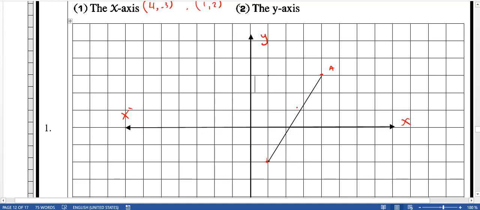Okay, this is (4, -3). 4: 1, 2, 3, 4, and go down -3 here. After that (1, 2) here. I have (4, -3) and (1, 2), and match.